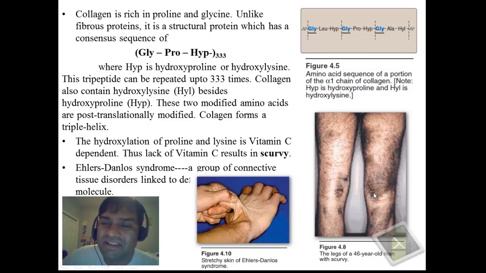The collagen is really not working properly. Also, his legs are bow-legged, so it's not a normal gait. The actual knees protrude, this one protrudes that way, that one protrudes the other way. It's not really straight as you would normally expect with someone who has normal collagen.